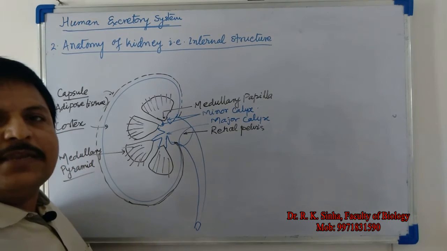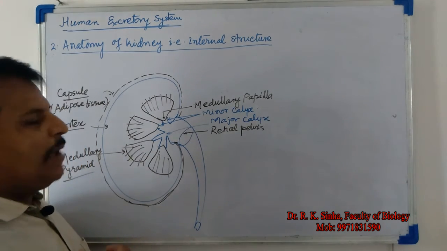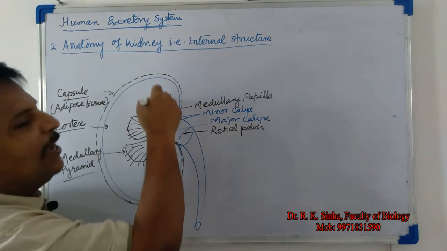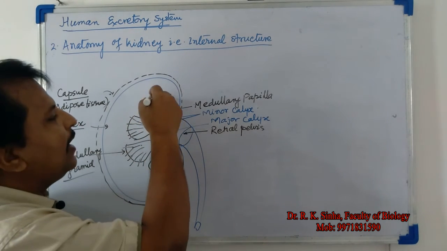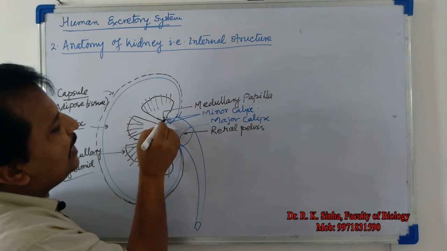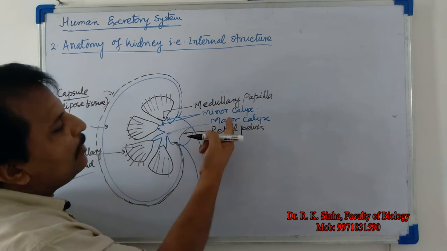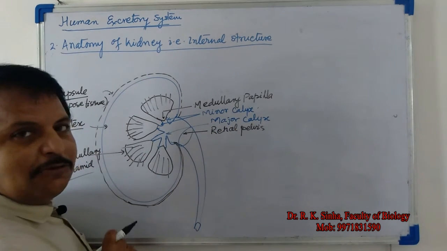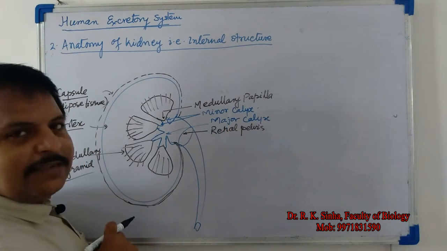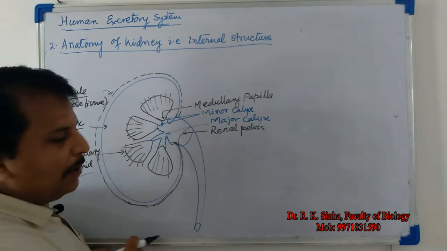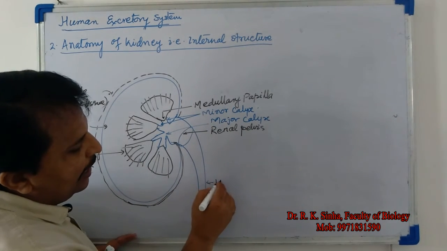That structure is termed as glomerulus, and the glomerulus will filter the blood, and the filtrate will turn into urine, which will be collected here in this region, that will open into minor calyx, and the minor calyx transfers this urine into the major calyx, and major calyx transfers this into the renal pelvis, that will open into ureter.